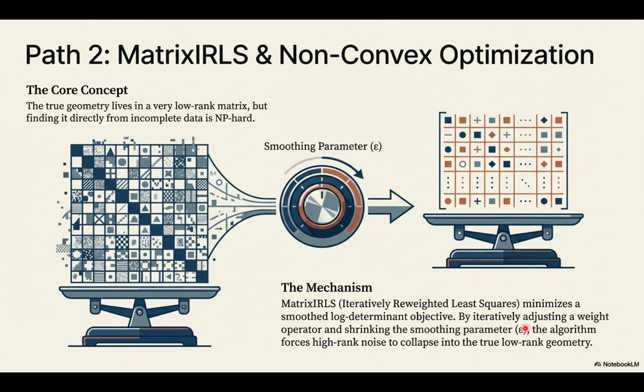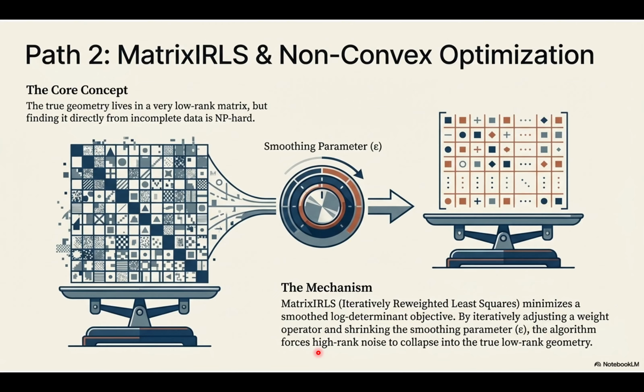Yes, perfect. As the algorithm iterates, it slowly shrinks that epsilon value. The heat is applied. Okay. As epsilon shrinks, it forces that chaotic, high-dimensional noise to collapse. It conforms tightly to the underlying low-rank true geometry of the object. Oh, wow. It actively penalizes the matrix for trying to exist in higher dimensions, literally squeezing the math until it flattens into the correct 3D shape.